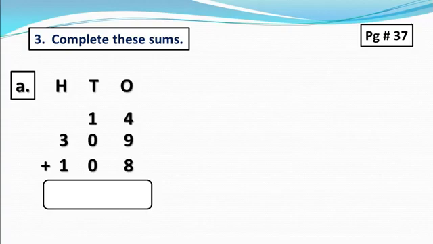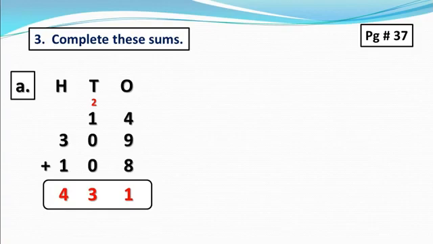So here we convert 21 ones into 2 tens and 1 one. Now we write 1 in the ones column and 2 tens will be put into the tens column above 1. Now add these tens. 2 plus 1 equals 3. Now add hundreds. 3 plus 1 equals 4. So the answer is 431.